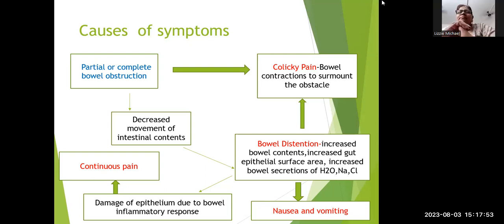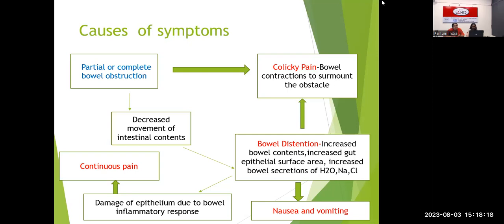What are the features that you see in partial obstruction? He is able to pass partially, meaning he passes some stool. Yes, he'll be able to pass some amount of fecal matter or even flatus. And when you auscultate, you'll hear bowel sounds.